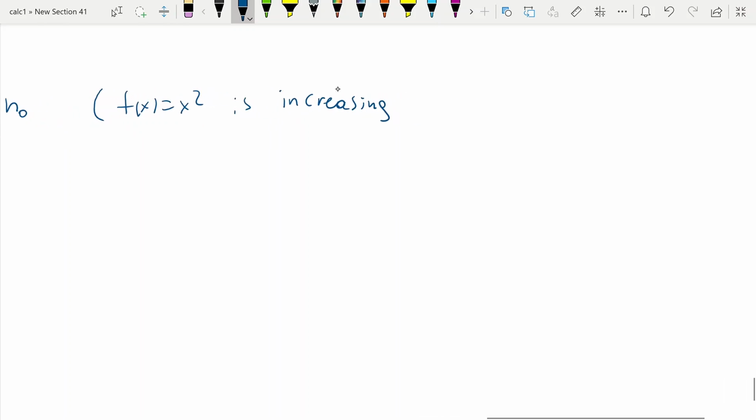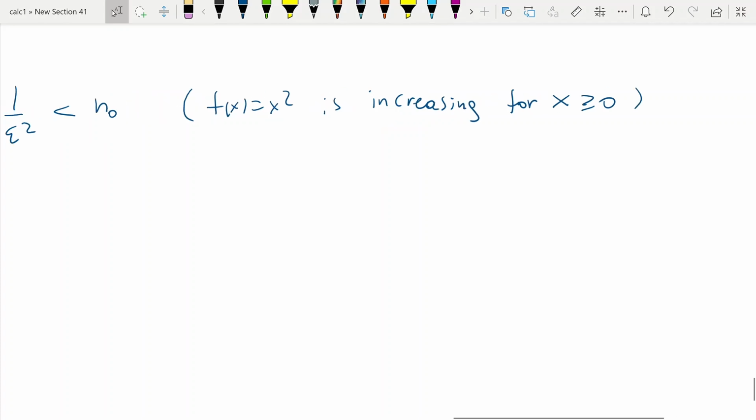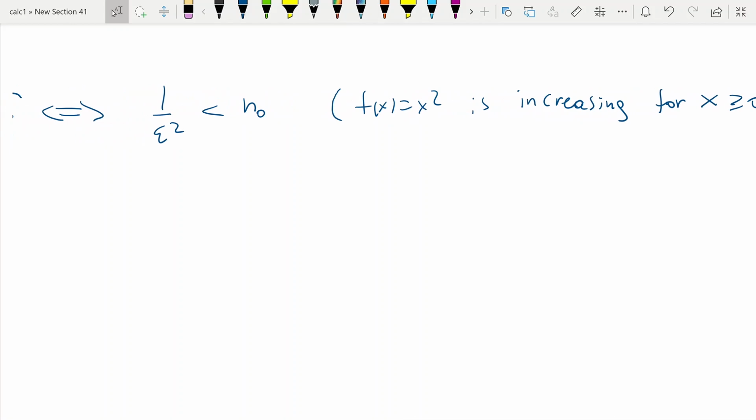It's increasing for x greater than or equal to 0. Again, the proof here is much simpler than for the square root, because you simply expand. I'm going to do it in the natural numbers.